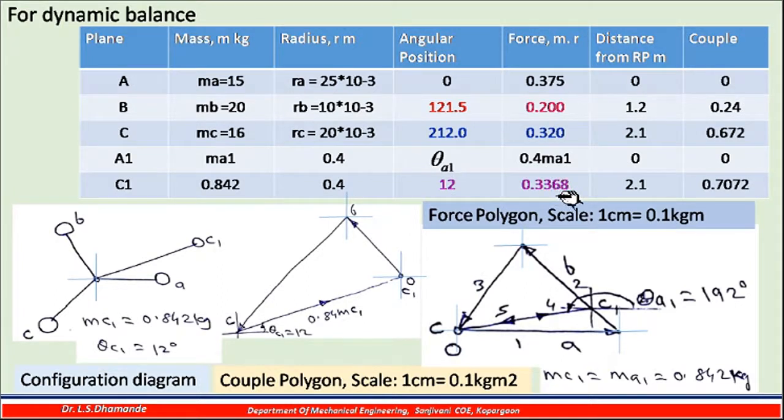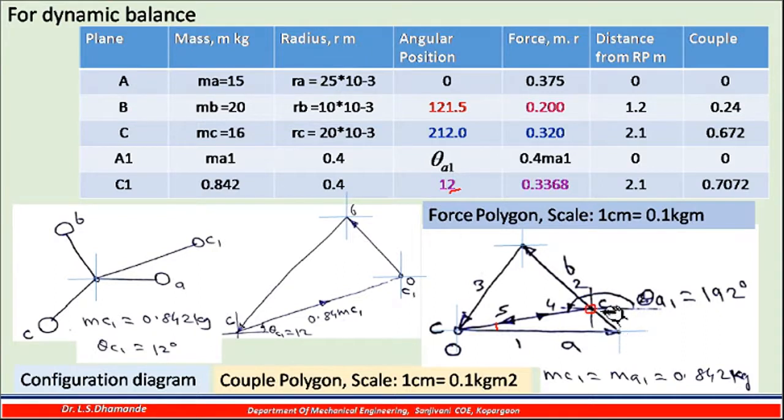C1 is available, 0.3368. From here I will take a distance in the compass, and actually now even the compass distance is not required because this angle is available with me. So at an angle of 12 degree from here I will draw one line, and it will give me the intersecting point over here. That is point C1.